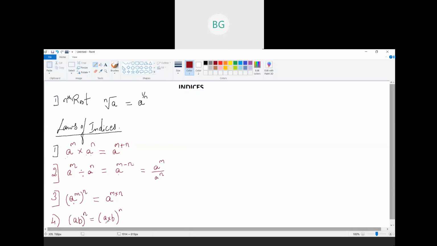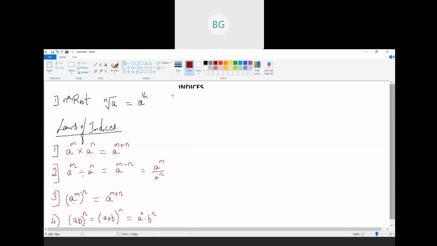There are two bases having a common power, so we can write it as a raised to n into b raised to n. Here we have multiplication of the two bases a and b.